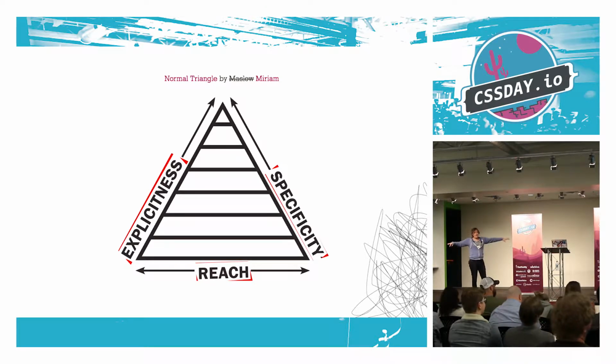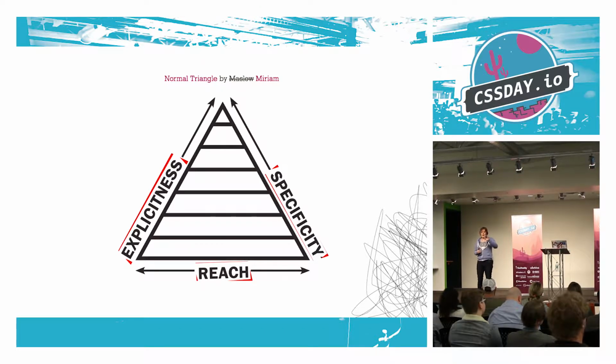At the base, you've got the reach of a selector. So how many elements on the page is it going to affect? And then as you get more explicit in what you're targeting and narrower in reach, you also get more specificity.